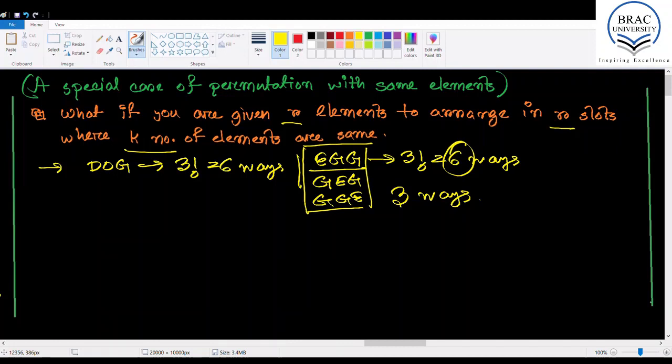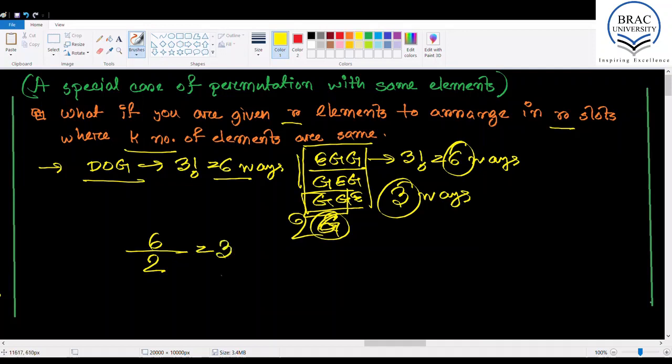Why do you think it happened? Actually, it happened because we had 2 G's here, right? So this is why it happened. So as we can see here, for 3 different elements we got 6, and for 2 elements being the same we got 3 ways. So can we write here that 6 ways divided by 2 equals 3, and can we rewrite this as 6 divided by 2 factorial equals 3?